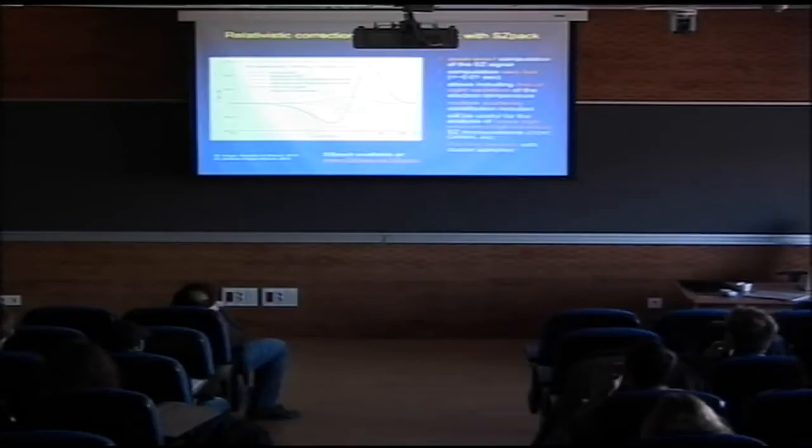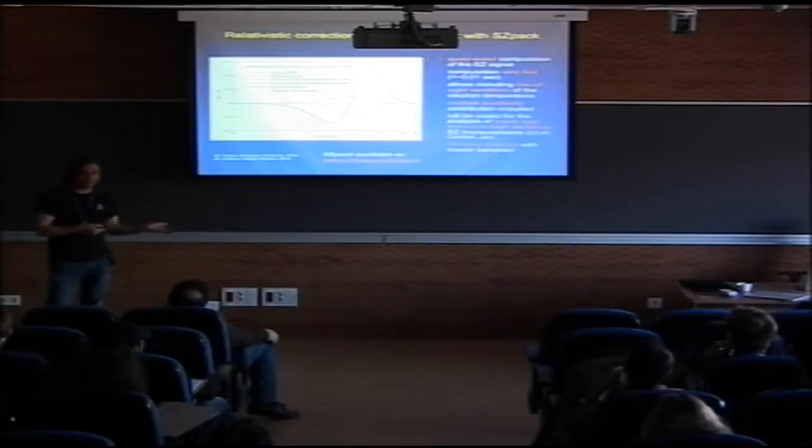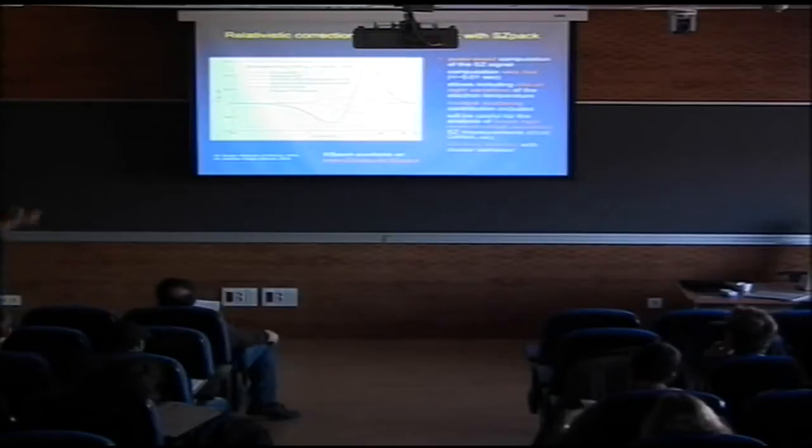This is an advertisement of one of the works I have been doing with my code, or with my package. You can actually calculate the SZ spectral distortion, including all the relativistic corrections, higher order temperature terms, in a quasi-exact way without having any problems with convergence and so on. It's a package where you just put the parameters and you get out these spectra. So it's very easy to calculate.